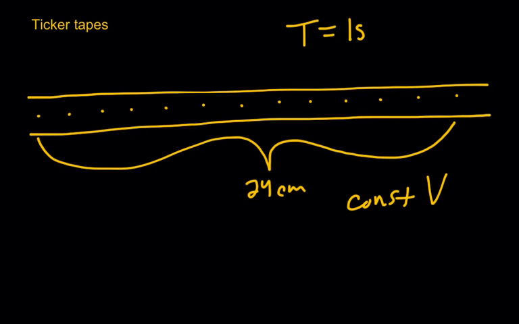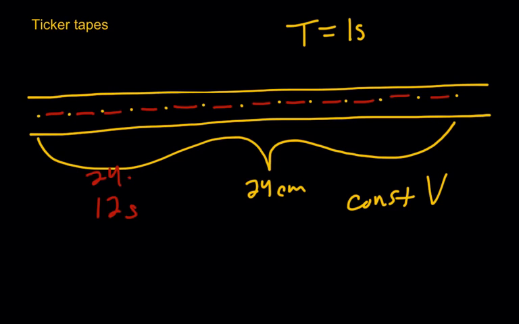So if we look here and we count how many intervals we had, 1, 2, 3, 4, 5, 6, 7, 8, 9, 10, 11, 12 intervals. That would mean 12 seconds worth of time. And you see down here that we measured from the first dot to the last dot, and that was 24 centimeters.